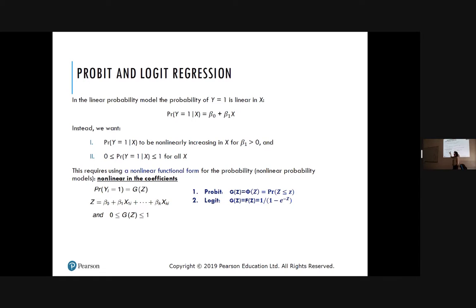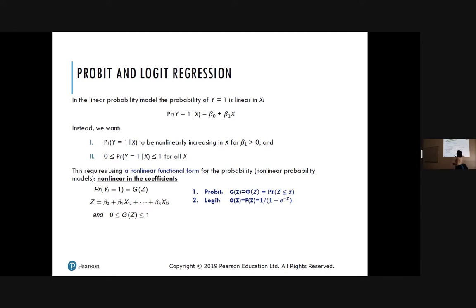And this complicates things very much, in the sense that while before we were able to write the model in a way that we could use OLS, the tools that we already know, here we need other tools, because this is a nonlinear model in the coefficients. And these nonlinear functions are defined this time, and this is what we wanted, between 0 and 1.